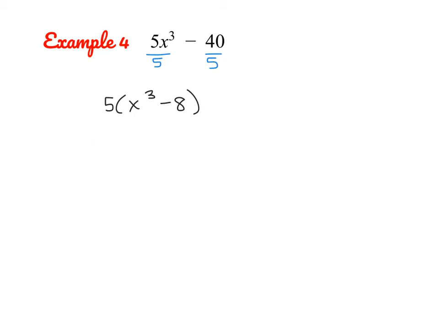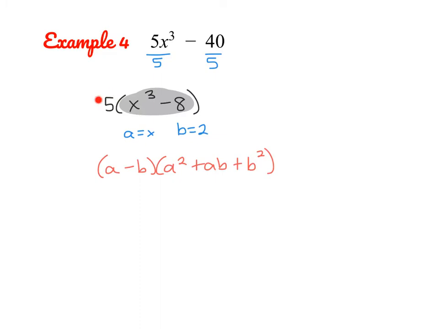Now, once you've done that, hopefully you then recognize that this, your remaining binomial, is difference of 2 cubes because 8 is a perfect cube. It's 2 cubed. So our a value will be x, our b value will be 2. So we will need to use our formula again. So it's difference of 2 cubes again, a squared plus ab plus b squared. Don't forget to write your 5.